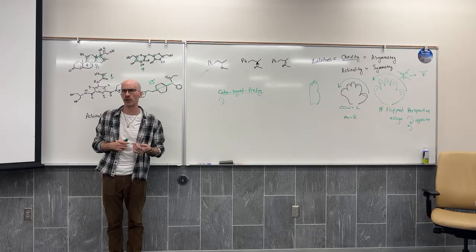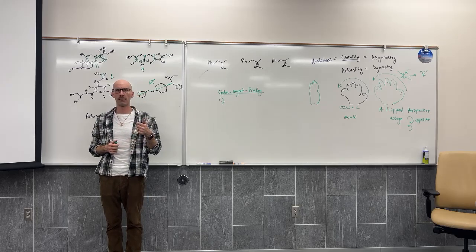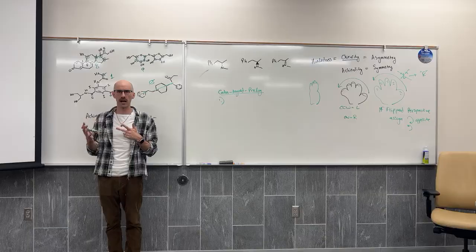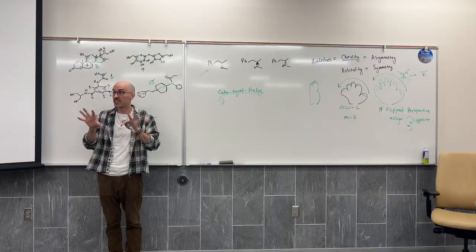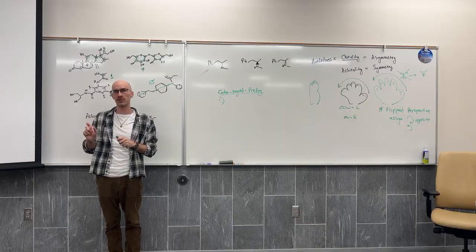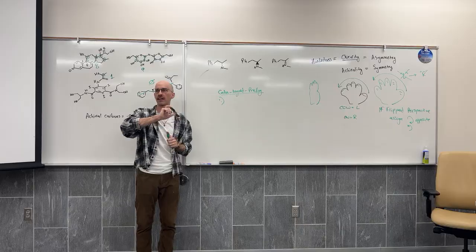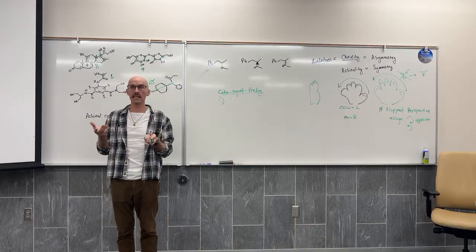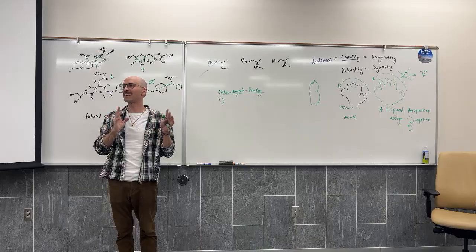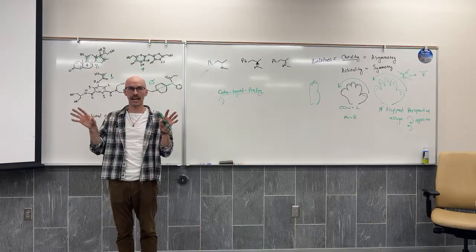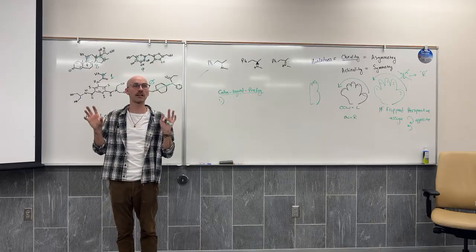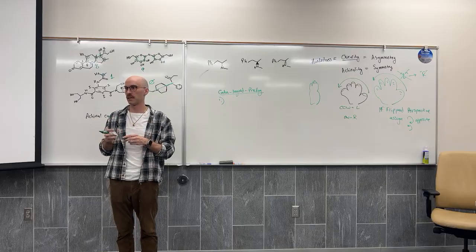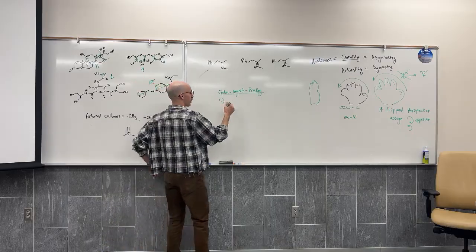We could call all of our left hands dominant and all of our right hands recessive, even though that's opposite for the majority of the population. It doesn't matter that we give them the names we do. So these scientists wanted to assign a name. And they assigned names R and S. Those were the names for the chiral carbons, the configuration of the chiral carbons, the different ways they can take up space.